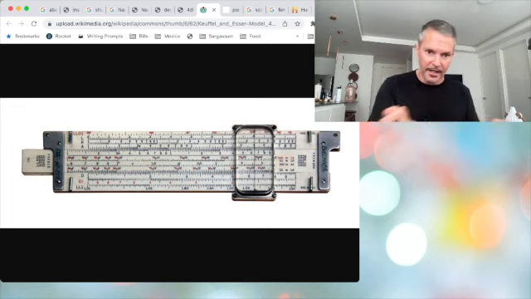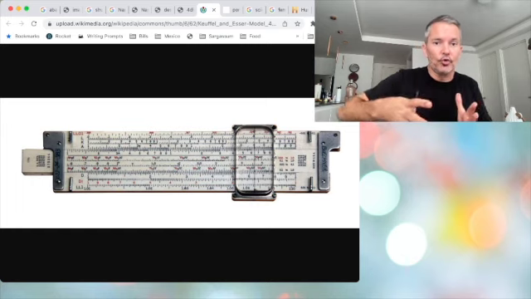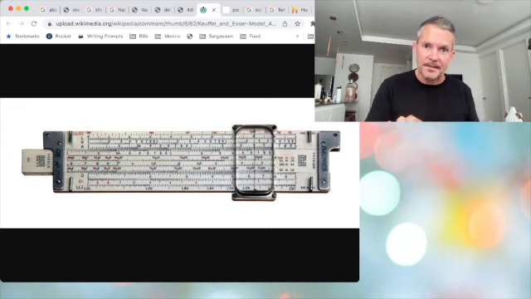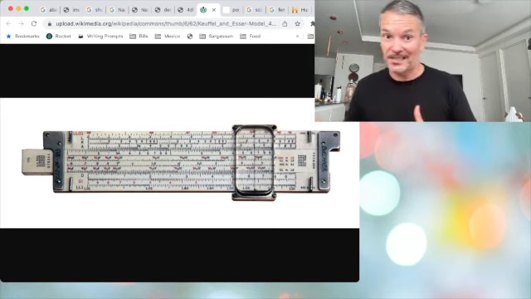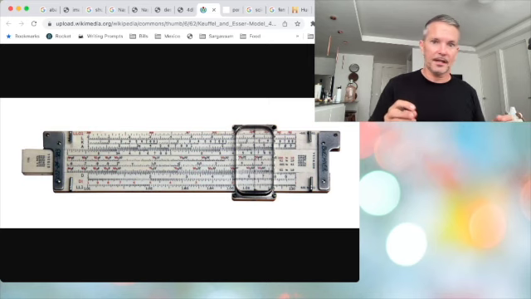It was a mechanical device based on the principles of logarithms, and you could multiply and divide different numbers using a mechanism. Something much like these were used by early engineers before the invention of calculators in the 70s. So slide rules were a popular technique for doing mathematics.